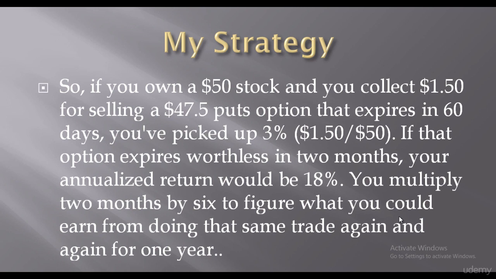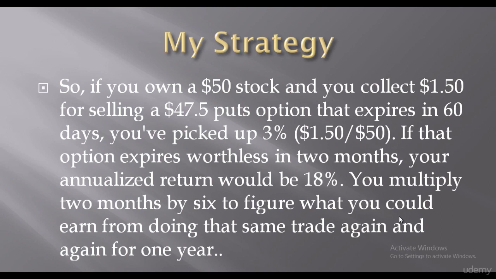That is $1.50 on a $50 stock. So it's a 3% return. Now in the previous page, we discussed 3% dividend yield for the full year. Now here we are discussing 3% return on just 60 days, only 2 months.